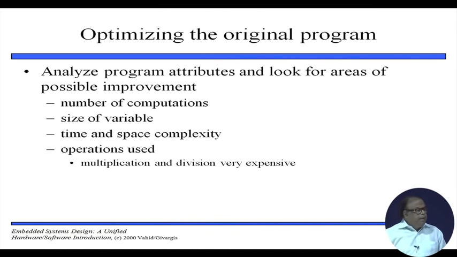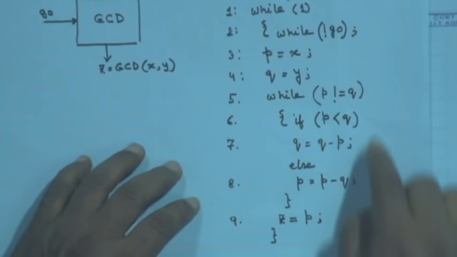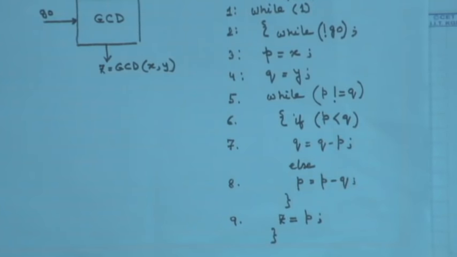Now, optimizing the original program. Just think a little bit, looking at this program that has been given for computation of GCD, can you see any scope of computing less or making it more efficient?